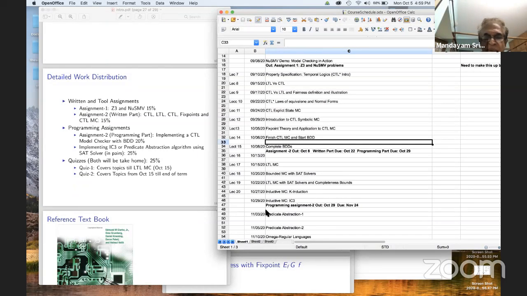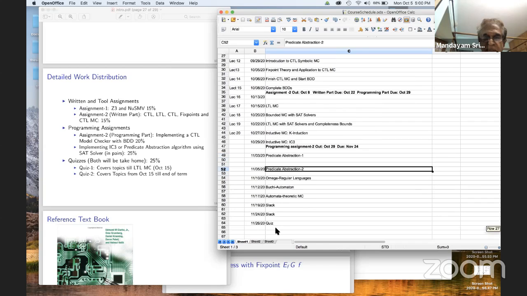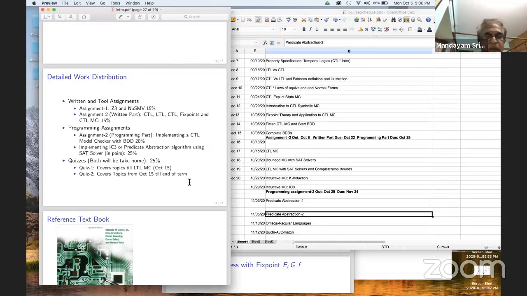You don't need to implement both; take one of them and work in pairs on it. That will be an implementation using SAT solvers, and you have quizzes. If I have two small quizzes, I'll give one by the end of October and the other by the end of the term. This is how I plan.